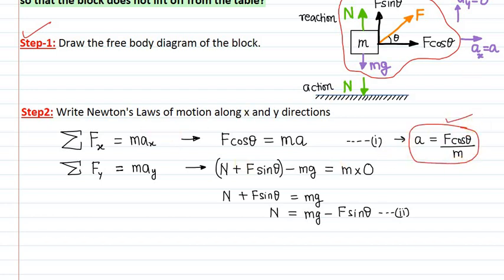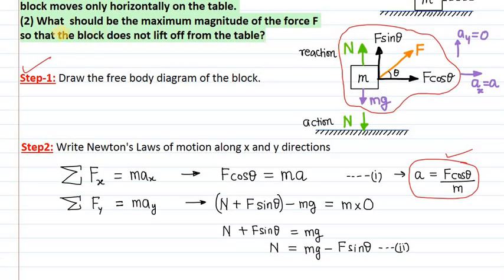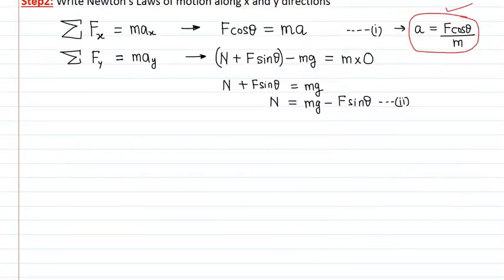And the second thing asked in the question was what should be the maximum magnitude of the force F so that the block does not lift off from the table. Lift off means the block should not lose contact from the surface of the table. Now, what does it mean? Mathematically, it means the normal reaction should not become zero.